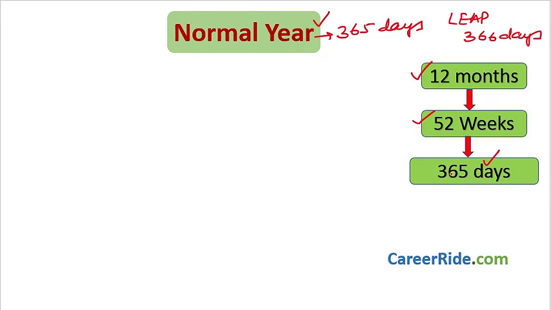Now, if I try to convert these 365 days into weeks and see how many extra days are left, I'll have to divide it by 7. Okay. So if I divide 365 by 7 and try to convert it into weeks, I see that I get 52 weeks, but I also get one extra day, right?